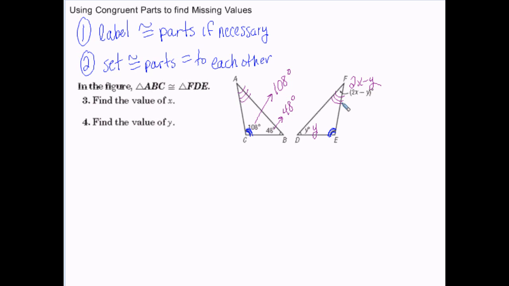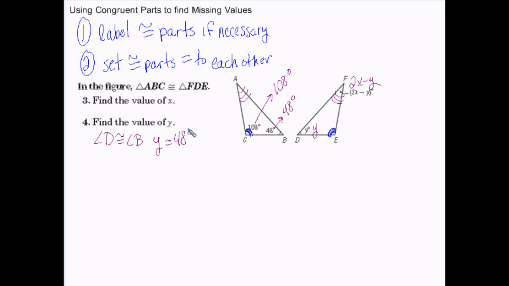Well, I have 2x minus y, and I have plain old y. So I want to find y first. And angle D is the same as angle B. So since angle D is congruent to angle B, y is 48 degrees. So that's number 4 done. Okay.